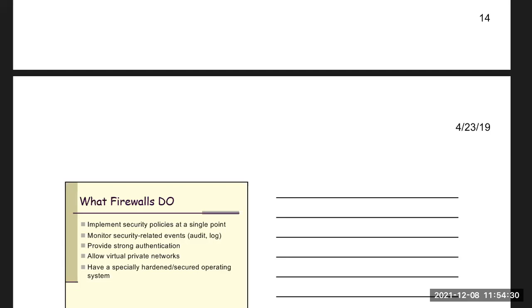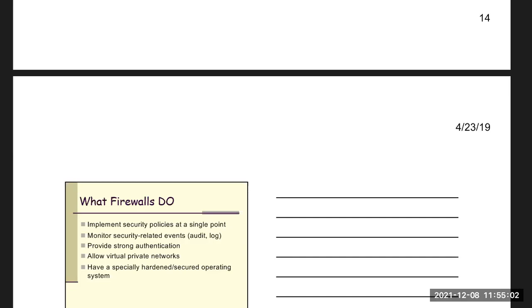All of these logs, meaning the events that occurred between them, will be monitored by the firewall. It will monitor that log file to see whether any malicious activity happened, or whether any malicious packet is entering our system from the public network.